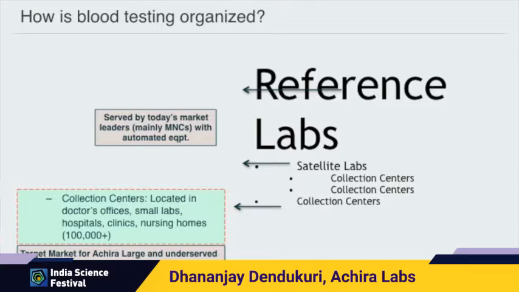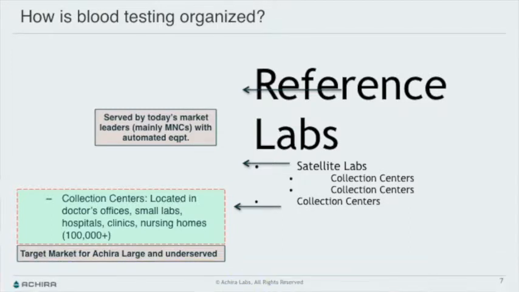So let's also look at the scenario in terms of diagnostics today. This is broadly India, but in many other countries you have the same. You usually have some tree-like structure. On top of the tree, you have these reference labs. For India, you have, for instance, Thyrocare or Metropolis, SRL. These are all the big reference labs that run large facilities with highly automated equipment that, with very few people, is able to do an enormous number of samples every day, correct?